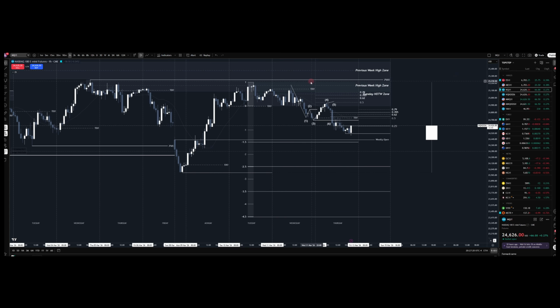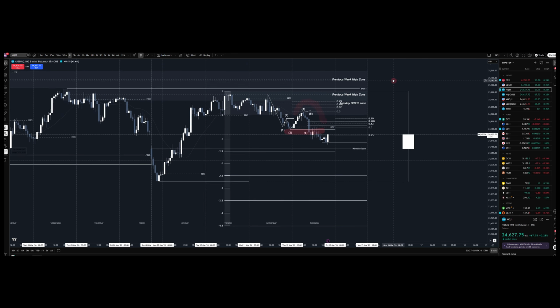All right, so what I wanted to discuss today as well is when we're going external to internal. So what's happened as we've broken this, we go into our external range, which means we've swept the lows, and then we're looking for a retracement back into internal range and then back to external again.